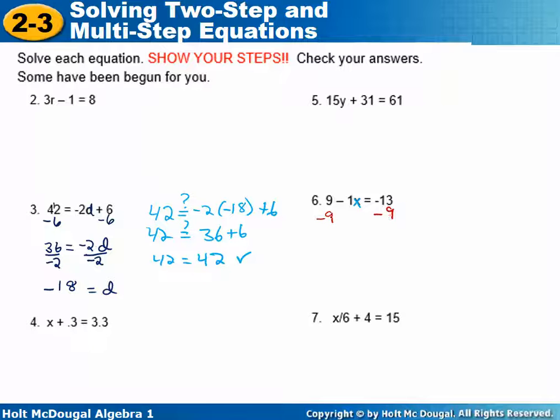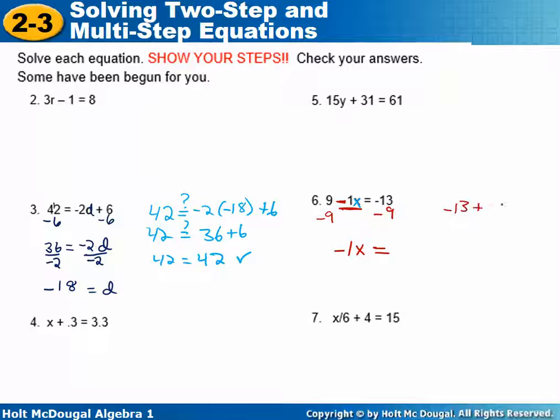So I put a negative 9 under the 9 over here, and then I also put a negative 9 on the other side of the equal sign under the negative 13. So when I write what's left, it's not 1x, it's negative 1x. This minus goes with this term, and I have to write the negative 1x down. Now, negative 13 minus 9, be very careful.